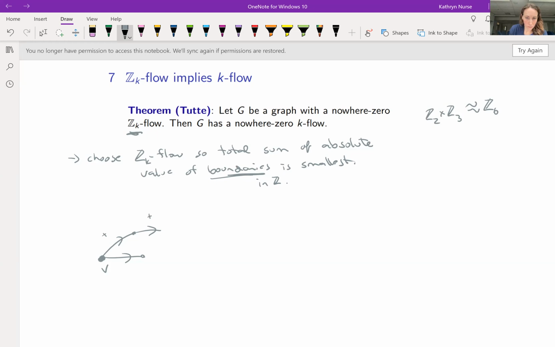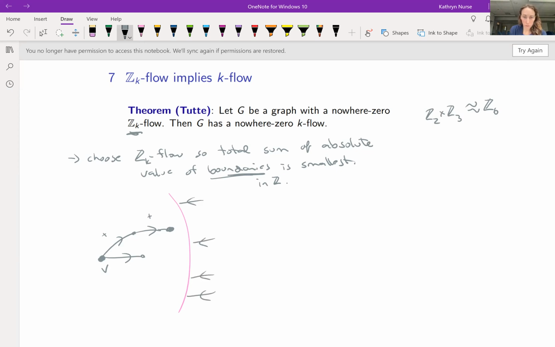And I argue that I must be able to get to some vertex V prime that has a negative boundary. Why? Say I didn't, then I end up finding an edge cut, and this edge cut has flow only going one way.